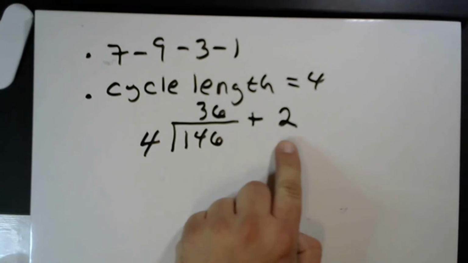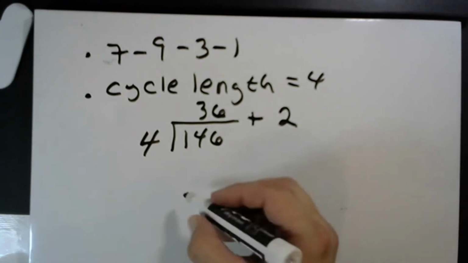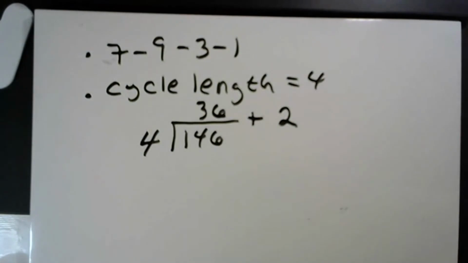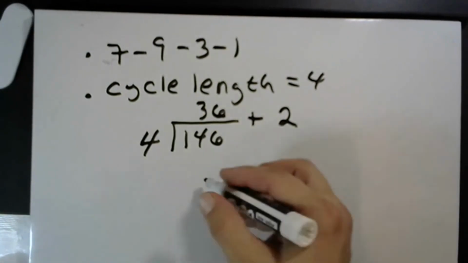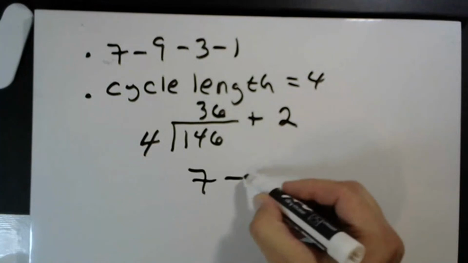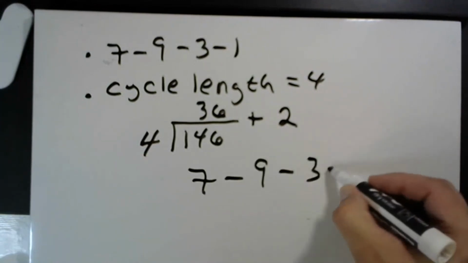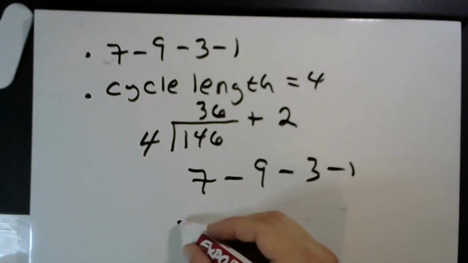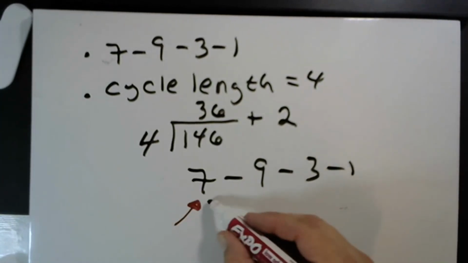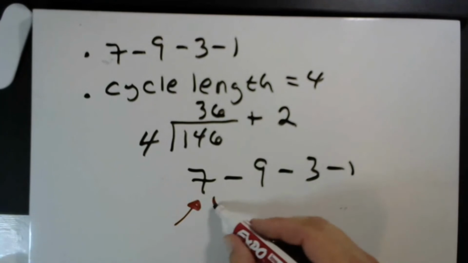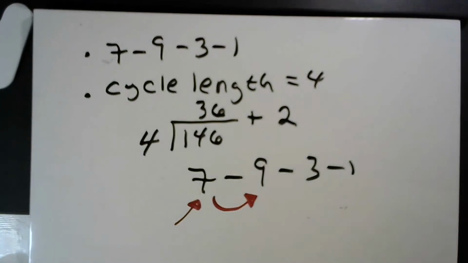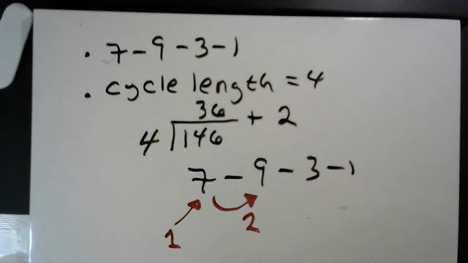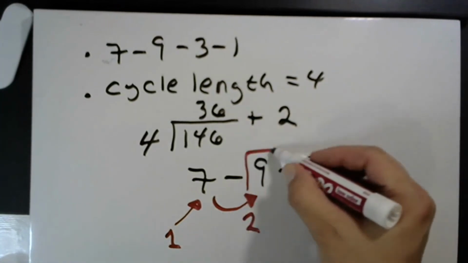It's the remainder that's going to be important. So we go through this cycle all the way through 36 times, and then we have 2 steps left. So we can ignore the 36, and we just need to look at the 2 extra steps. The first extra step will get us started on the new cycle, a second step into the new cycle, but then we're done. We're out of steps.